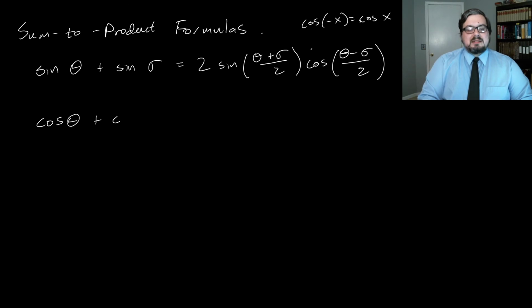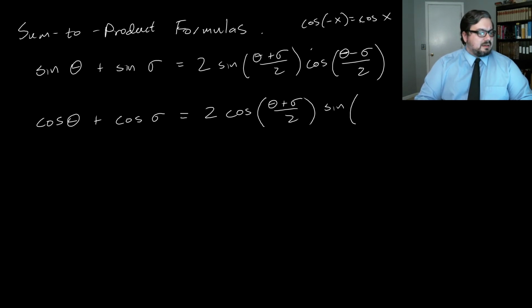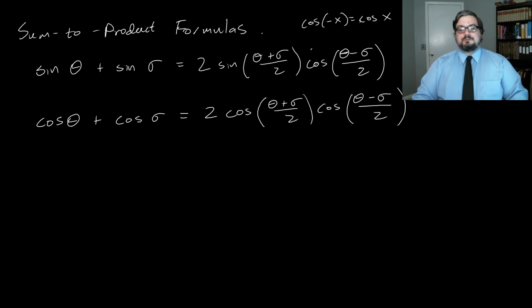If you follow a similar sort of argument, we can get that cosine of theta plus cosine of sigma is going to equal 2 times cosine of theta plus sigma over 2 times cosine of that theta minus sigma over 2.